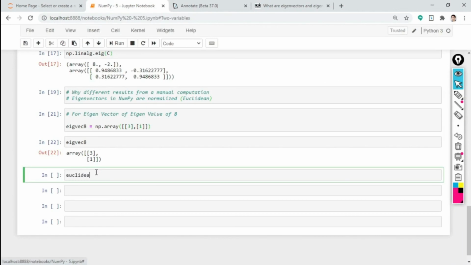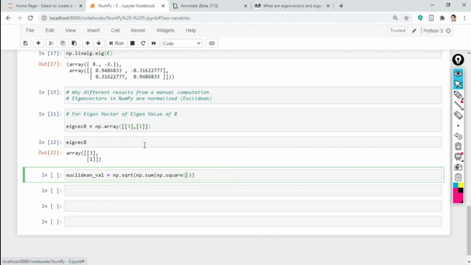The Euclidean value is equivalent to the square root of the NumPy sum of the NumPy square of this eigenvector of 8.